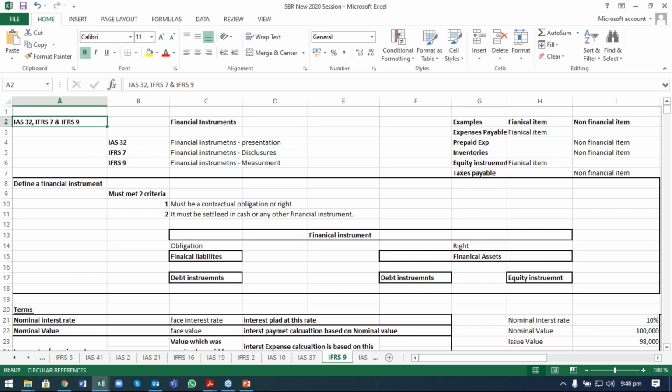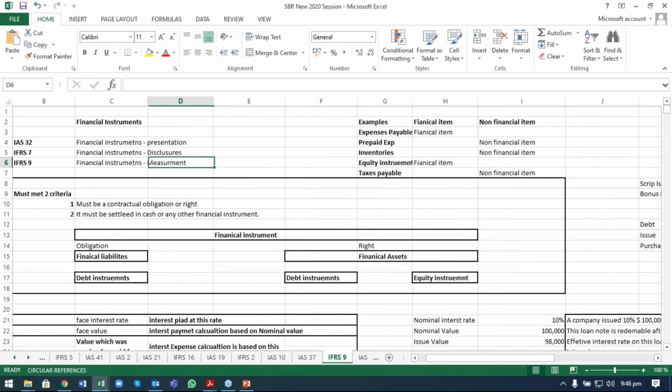Financial instrument is a topic to which three basic standards are related. One is IAS 32, which is concerned with how financial instruments should be presented. IFRS 7 gives guidance on the disclosure requirements of financial instruments, and IFRS 9 is the standard that tells you how financial instruments should be measured.